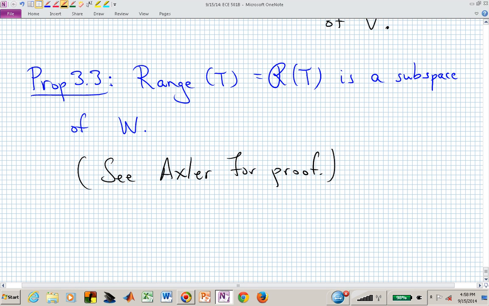It contains the additive identity, it's closed under addition, and it's closed under scalar multiplication. Then the range space is a subspace.